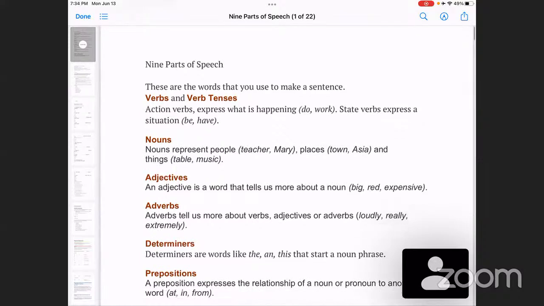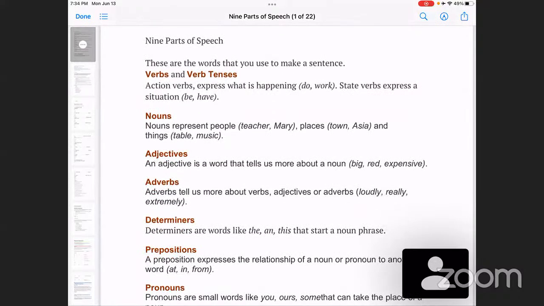Okay. Then let's move on to adverbs. An adverb tells us more about verbs, adjectives or adverbs, like loudly, really, extremely. So giving you an example, with an adverb in a sentence, we can say something like, Mary is extremely pretty.